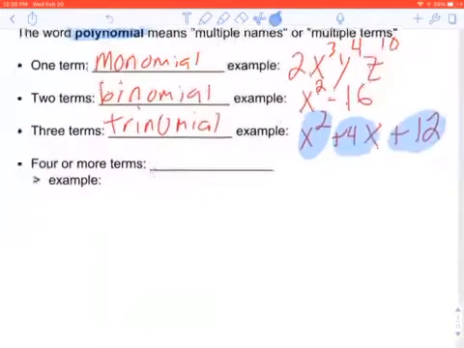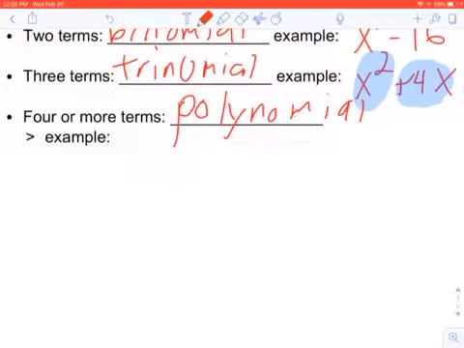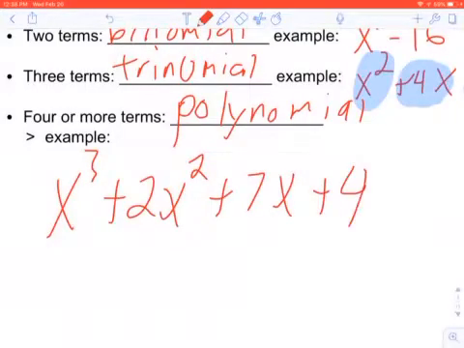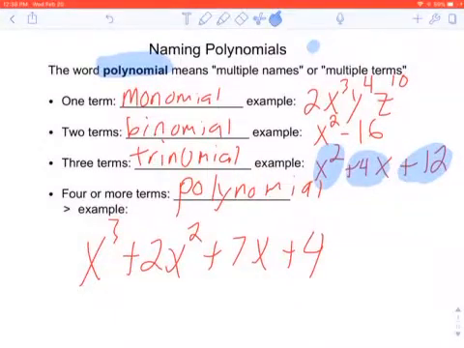And then finally, a polynomial is the word that we use for anything that has 4 or more terms. So anything that's more than 3, we are just going to call a polynomial. So it could be x to the third plus 2x squared plus 7x plus 4, or something like that. So monomial, binomial, trinomial, and polynomial.